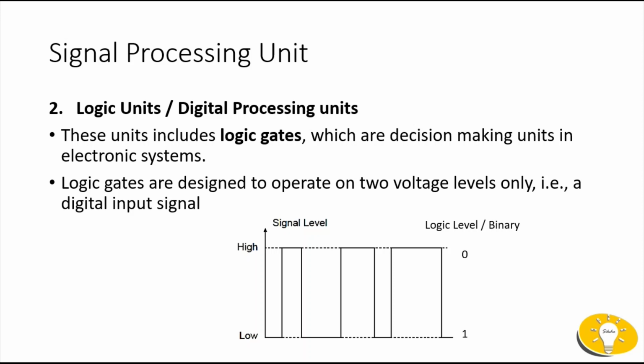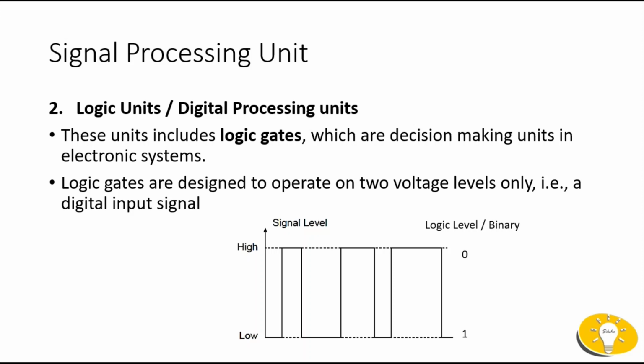The second type of signal processing unit is called the logic unit, which is also called a digital processing unit because they operate on digital input signals. As we discussed in the previous video, the digital signal can only have two voltage levels, that is high or plus 5 volts and low or 0 volts.